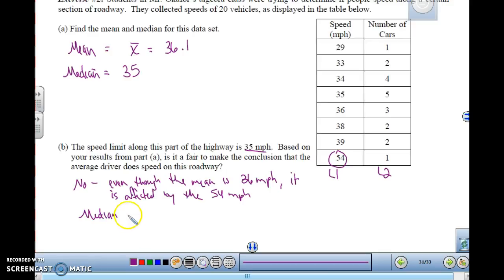The median means 50% of the drivers should be driving 35 or less, if it's at the middle of the numbers. So how many drivers are driving 35 or less? 5 and 4 is 9, and 2 is 11, and 1 is 12. 12 drivers out of 20 are driving below the speed limit.